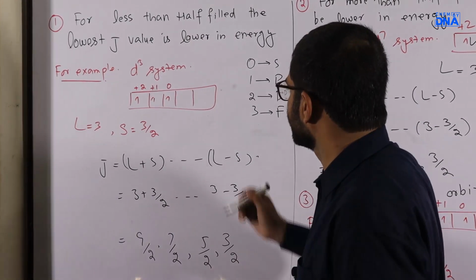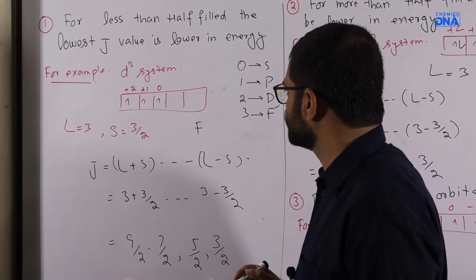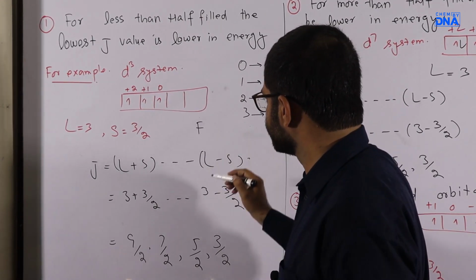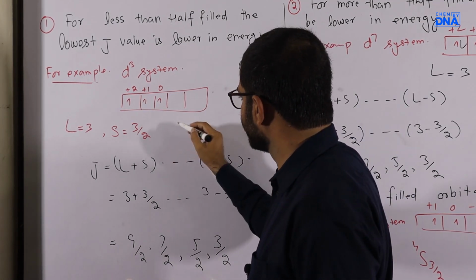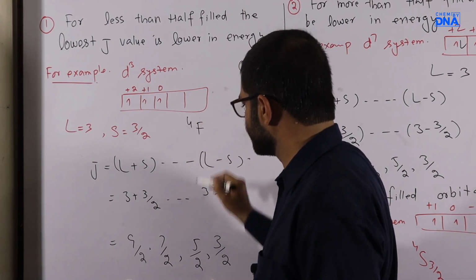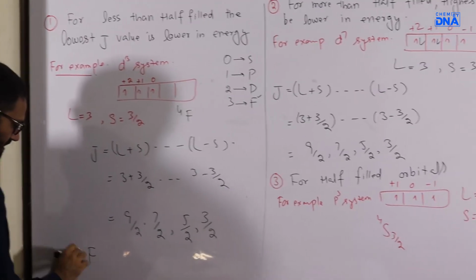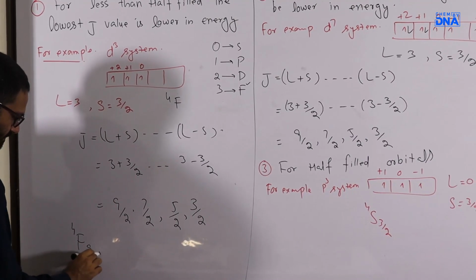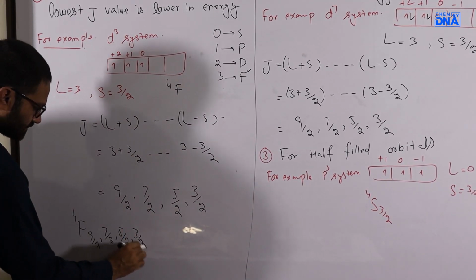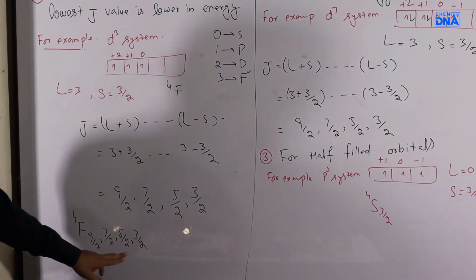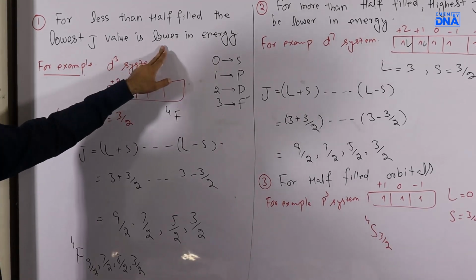for the F term. You know that here the spin value is 3/2 and you will get F quartet, and the spectroscopic terms would be F quartet 9/2, 7/2, 5/2 and 3/2. As per this rule, the lower J value will be lower in energy.